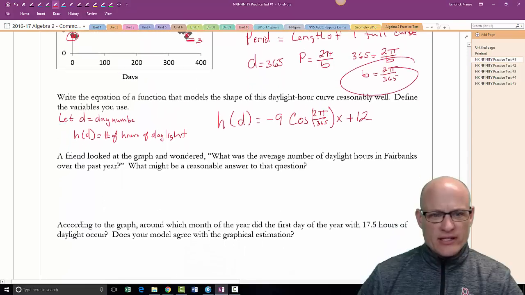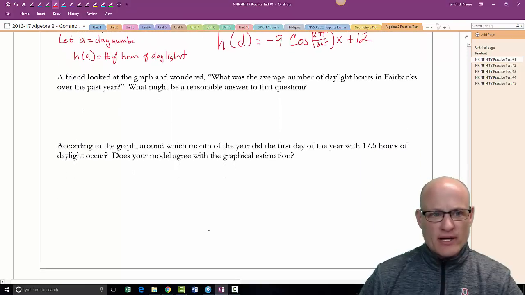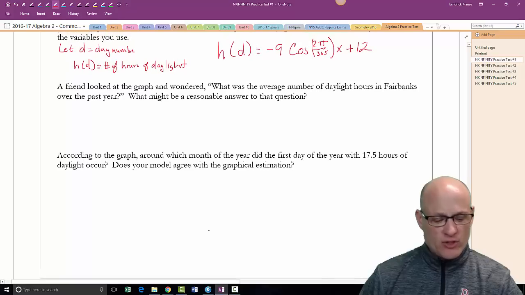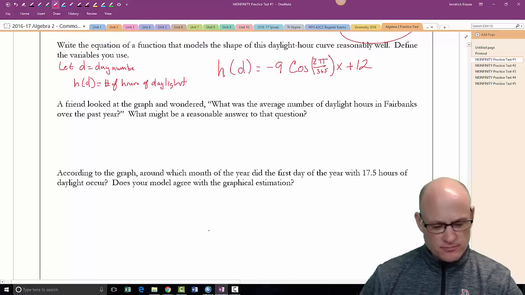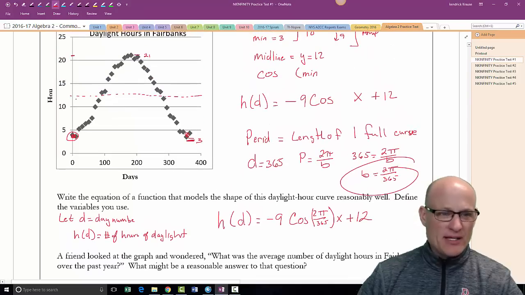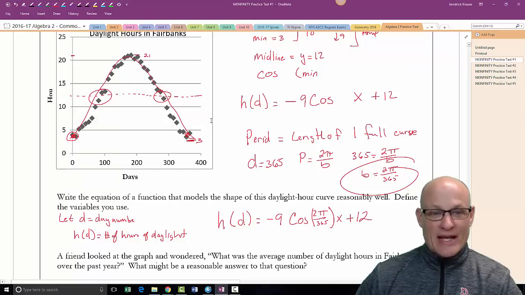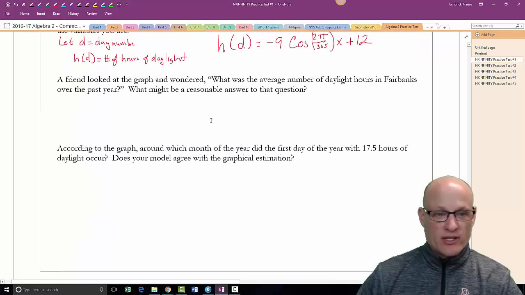A friend looked at the graph and wondered what was the average number of daylight hours in Fairbanks over the years. What might be a reasonable answer? Well, since 12 is my midline, I think a reasonable average, if you averaged all of these numbers up and then all of these numbers up here, would be about 12 hours of daylight.